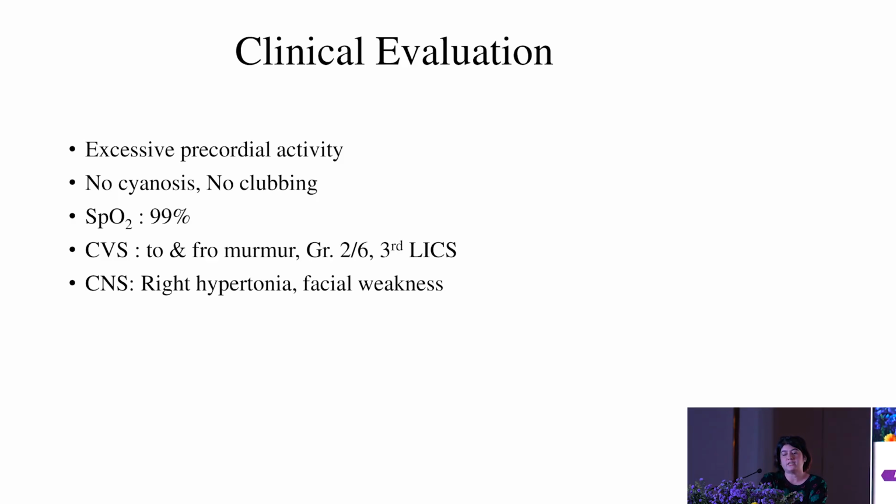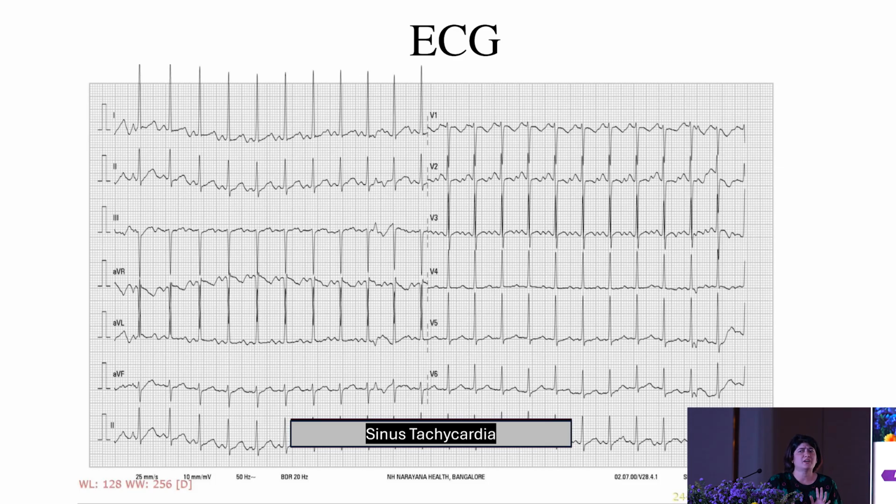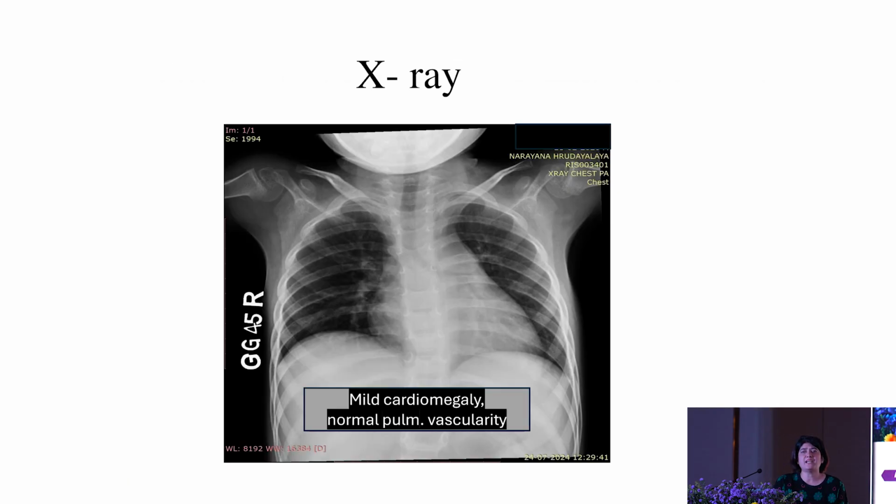Neurologically, she had right hypertonia and facial weakness. The ECG did not show much; it was sinus tachycardia. On X-ray, there was mild cardiomegaly with normal pulmonary vascularity.